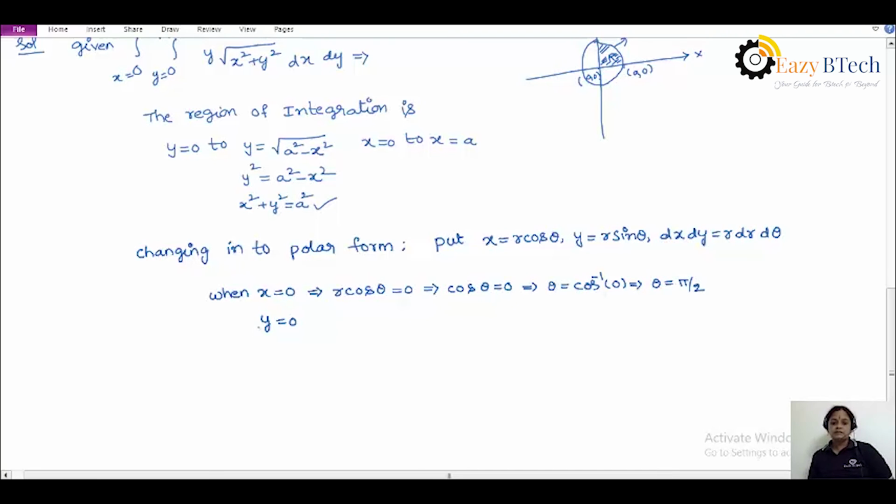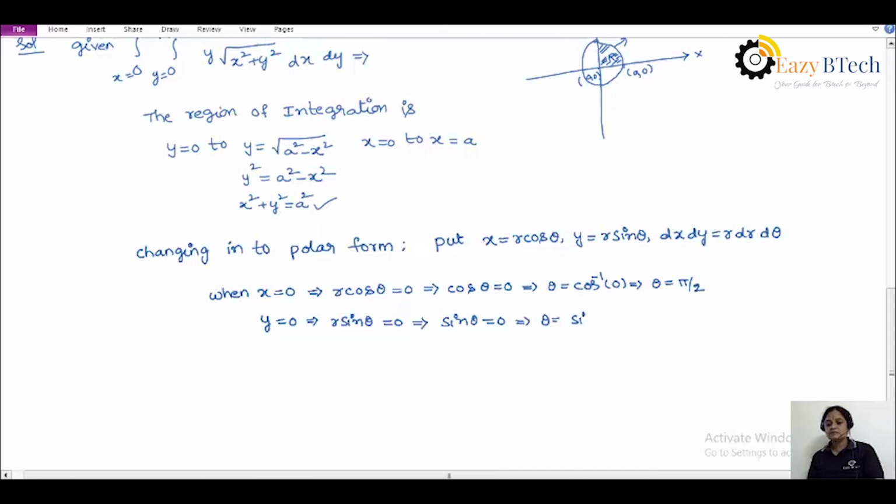Okay. So when you get 0 in cos, that is the meaning of cos inverse 0. Cos 0 is 1 only, and cos 90 value is 0. Similarly for y equal to 0, y is r sin theta equal to 0, so sin theta is equal to 0.